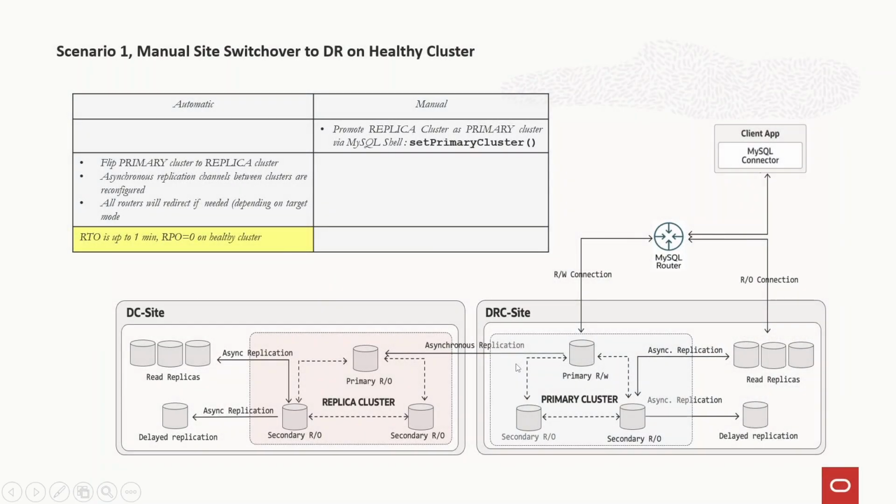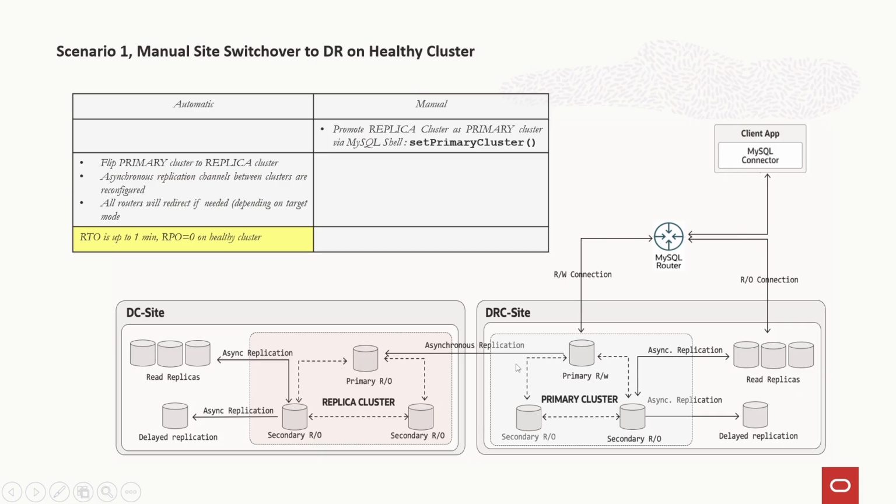Disaster recovery handling. Normally the company has a so-called DR exercise, where they want to switch the operation to the disaster recovery side. In InnoDB cluster set, it's very easy. We just need to manually execute the command set primary cluster to switch the primary cluster to the replica cluster.